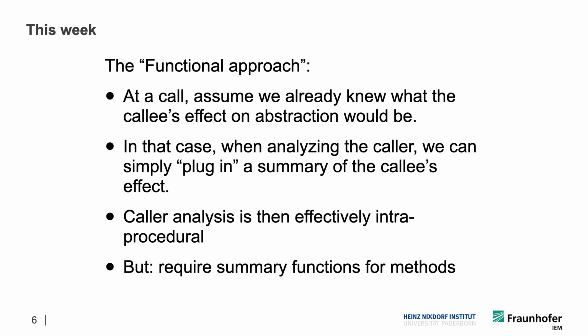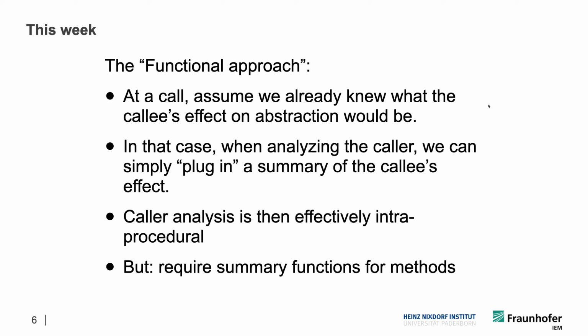So today, instead, we want to talk about the functional approach, which is a very different way of thinking about context sensitivity. So here the assumption is that at a call, so when we process a method call during the analysis of some certain procedure, we assume that we already knew what the callee's effect on the abstraction would actually be.